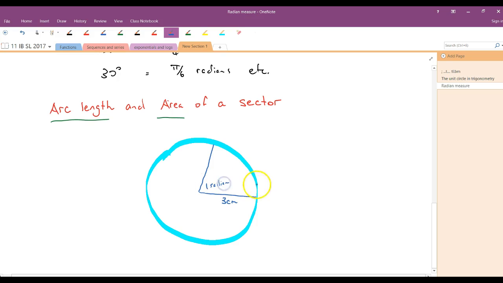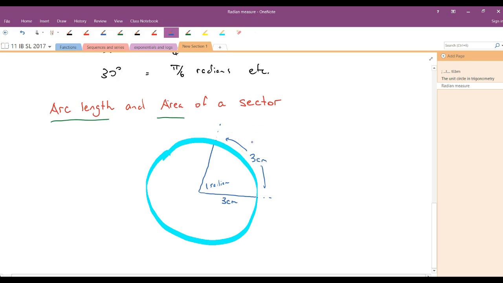From that information, you will know that the arc length of this sector is 1 radius worth of arc length, because that's what a 1 radian angle does. It cuts off 1 radius on the circumference of the circle. So this will be equal to 3 centimeters here.